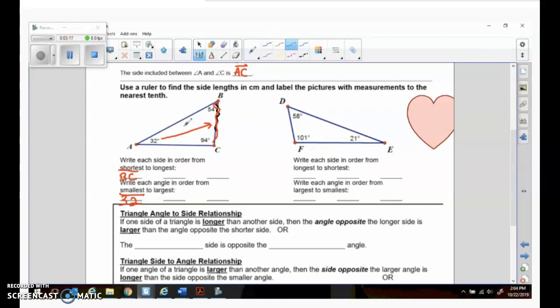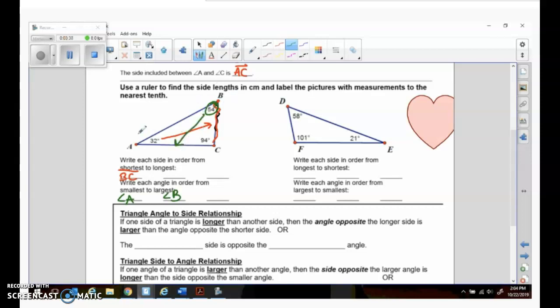Next, we're going to look at angle B, and the side that's opposite to that would be AC.